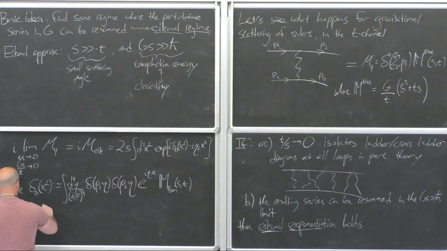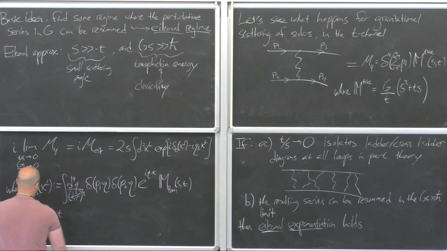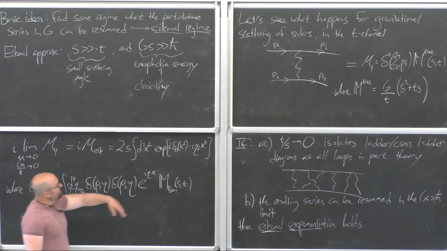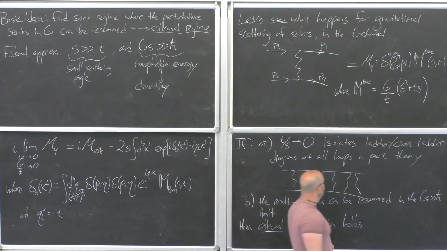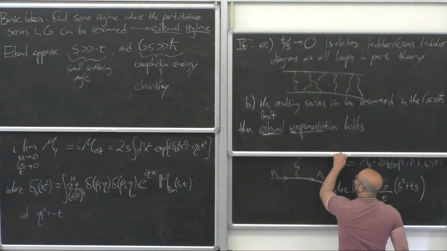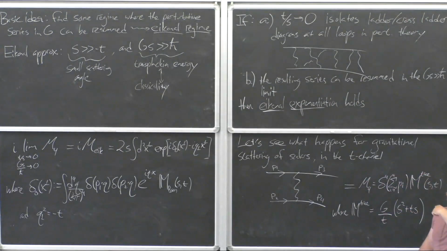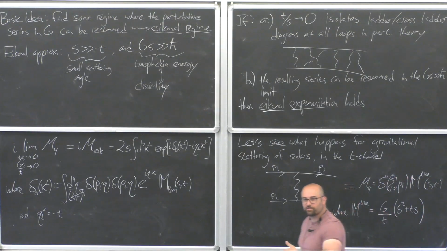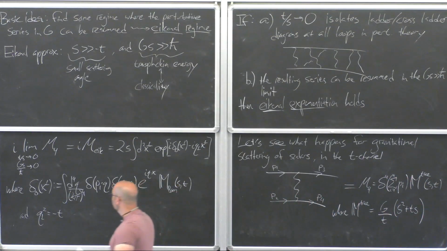So q perp squared is minus t. Okay. So what is this actually saying? It's saying that in this limit, if these properties hold, the amplitude is really entirely controlled by the single exchange. So that is the ladder and cross ladder diagrams are just repeated iterations of single graviton exchange.